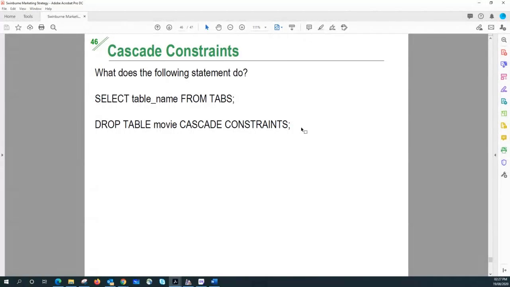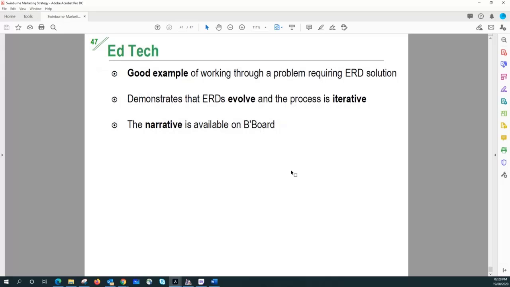But I don't want you to use this one in this course, because you need to know which table comes first and which table comes second. But in practice, when you go to industry, obviously you need to use this to drop tables and recreate some tables because of the parent-child relationship, because you can't keep remembering everything. Okay, something to think about.